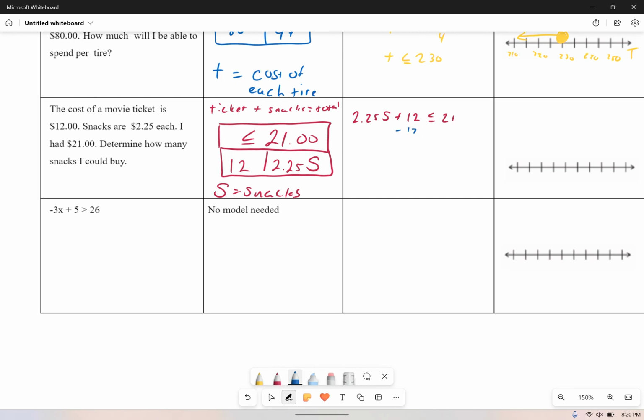I'm going to get rid of my movie ticket first and figure out how much money I have left just for snacks. So it looks like after I buy my movie ticket, I'm going to have $9 remaining. Well, if each snack is $2.25, I'm going to divide by $2.25, and I'm going to get S, the number of snacks, has to be less than or equal to 4.